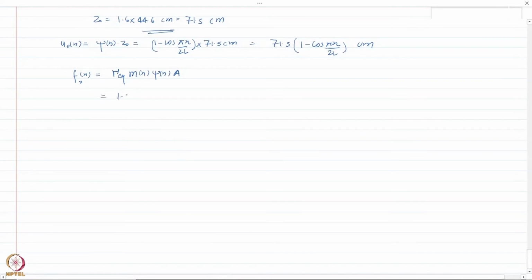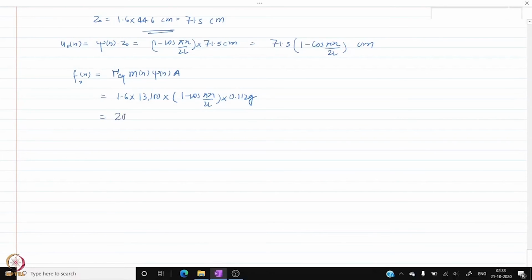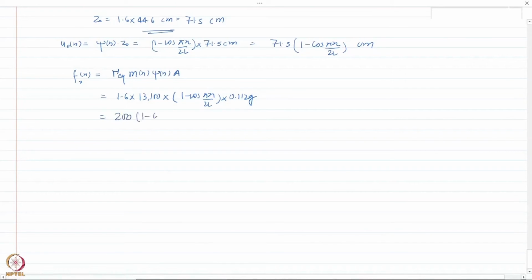So let me write 1.6 times 1300 times 1 minus cos pi x by 12 times 0.112 times g. If I write it in terms of kilonewton per meter, this would be 200 times 1 minus cos pi x by 12 kilonewton per meter.